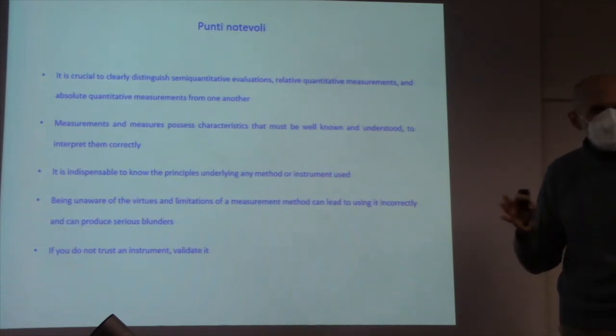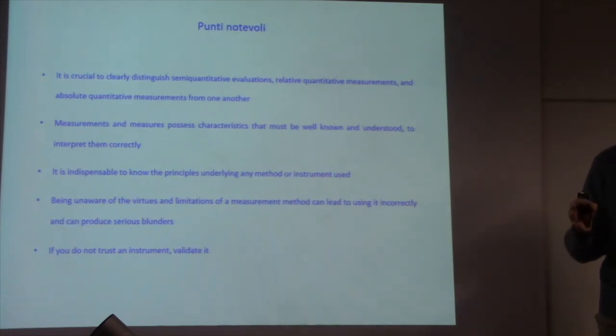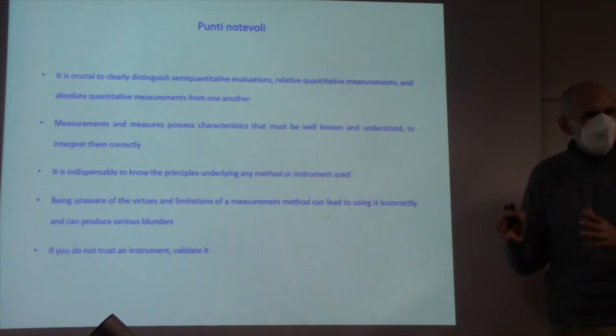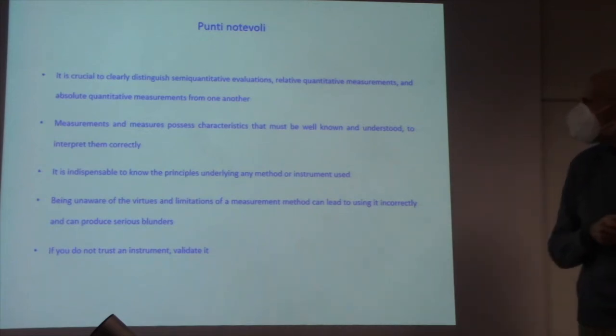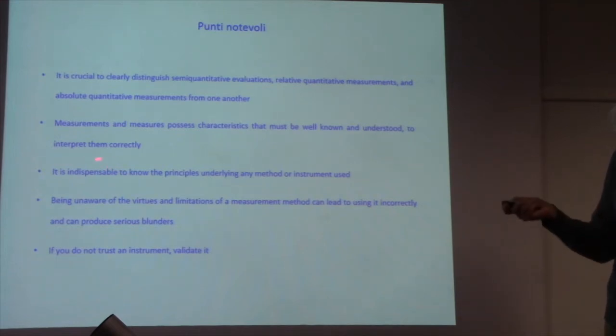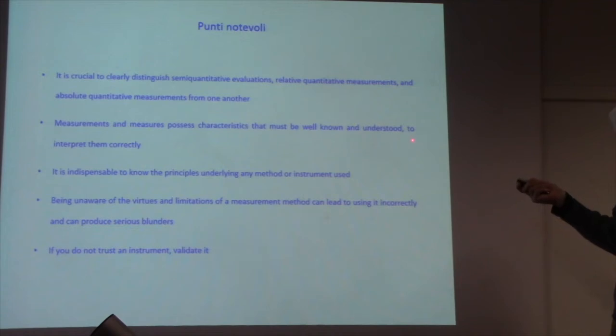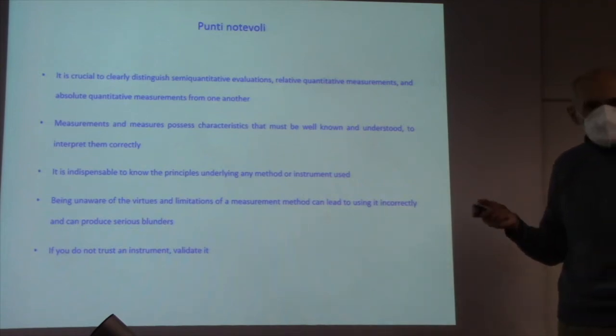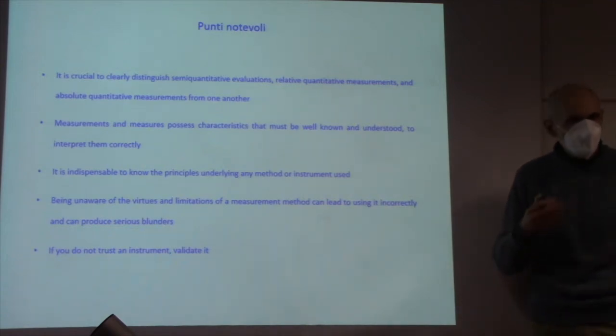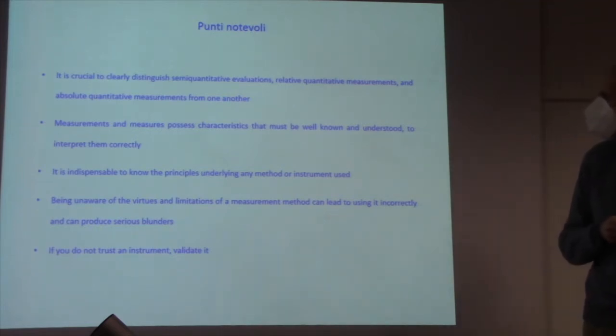You have to know exactly what you're doing and whether what you're doing is appropriate for what you want to learn from your measurements. Measurements and measures possess characteristics that must be well known and understood to interpret them correctly. We talked about accuracy, precision, limit of detection, and so on. And you have to understand them well.